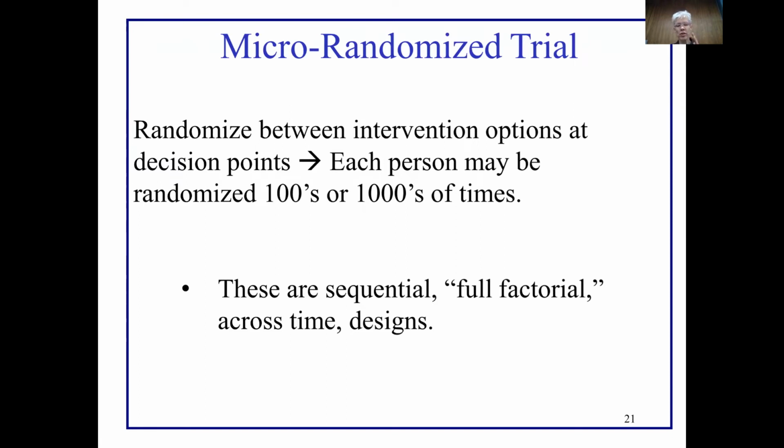So you cross all the two options, deliver a suggestion versus not at time 1, with a complete cross of 2 options at time 2, deliver versus not, plus a complete cross at time 3, deliver versus not, and so on and so forth.